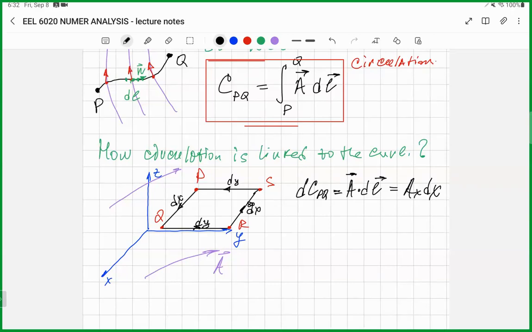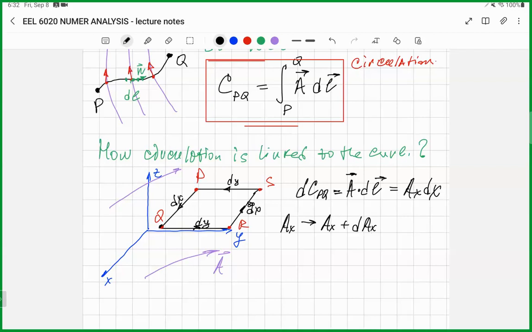Now I jump from the point Q to the point R, and this jump happens along axis y. So my field component Ax is changed by the element dAx.